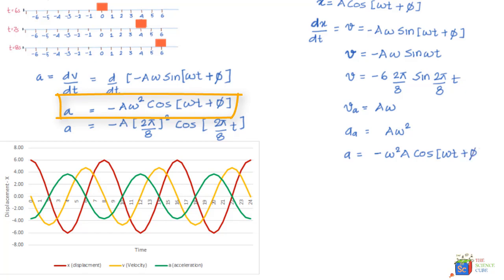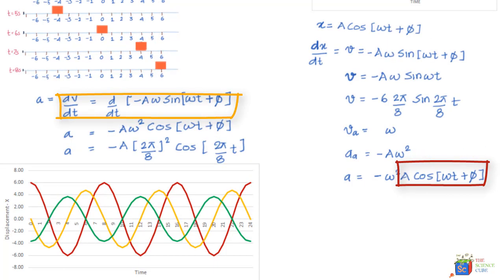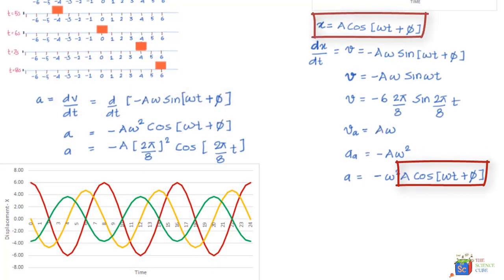Now what you can see is that A cos omega t plus phi is nothing but the position x, which I've written over here as A cos omega t plus phi. So we can go ahead and write a as equal to minus omega square x.